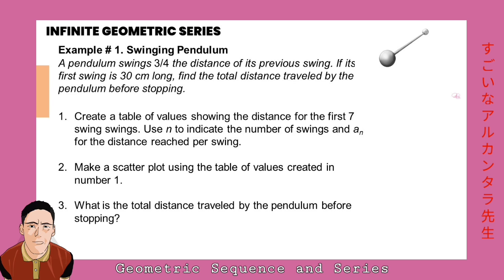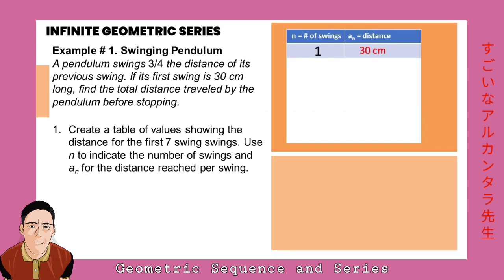So for example, we start with the first term, meaning the first term here is the first swing. And as mentioned in the word problem, if its first swing is 30 centimeters long, it should be 30 centimeters. Now, how do we get the second swing? All you have to do is use the common ratio, which is 3/4, and multiply that to 30.